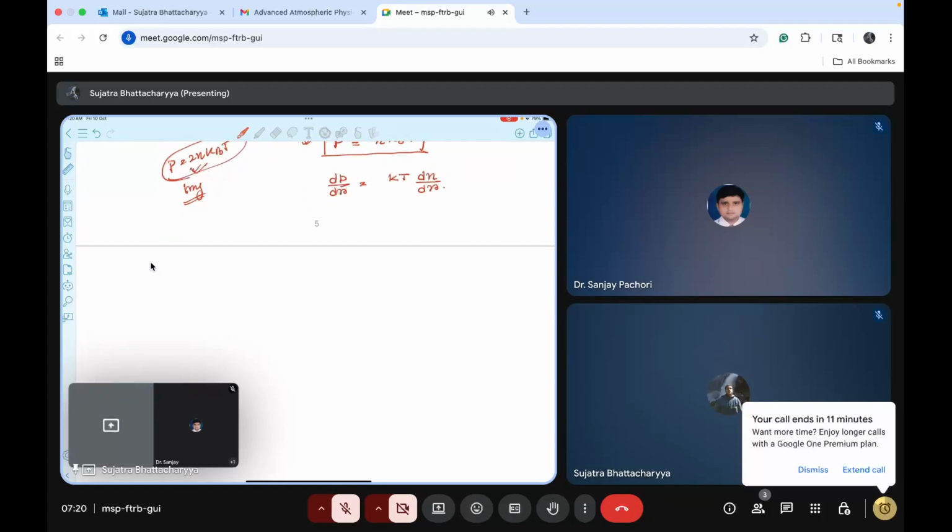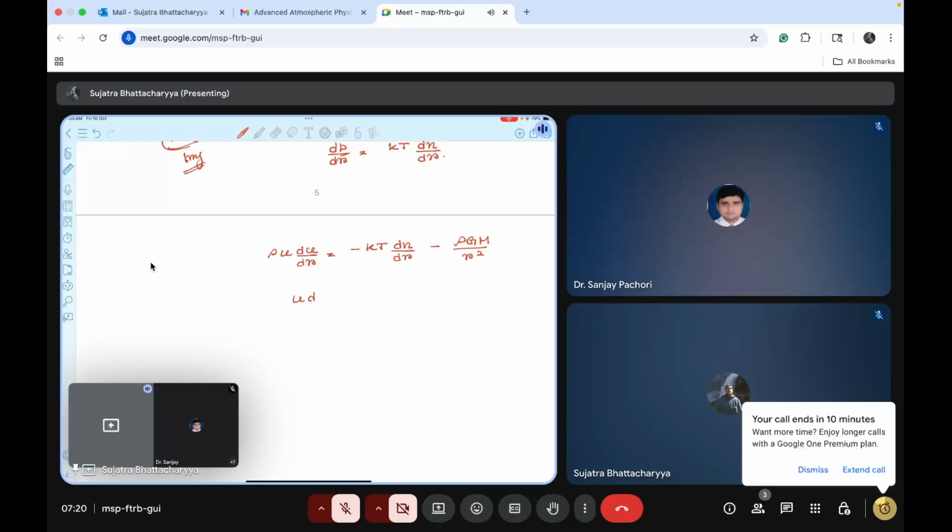And finally, we get rho u du/dr is equal to... what was that? dP/dr was there. So minus kT dn/dr minus rho GM divided by r. Perfect.